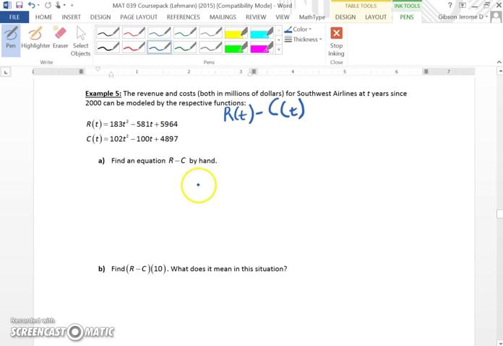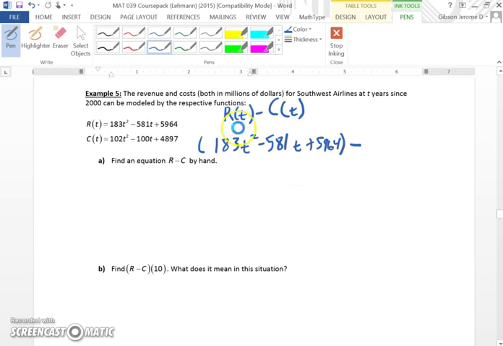So because this can get quite lengthy, I'm going to use some of the space up here so that we will be able to subtract this down here. So we know R of t, we'll put that in parentheses. It'll be 183t squared minus 581t plus 5,964.